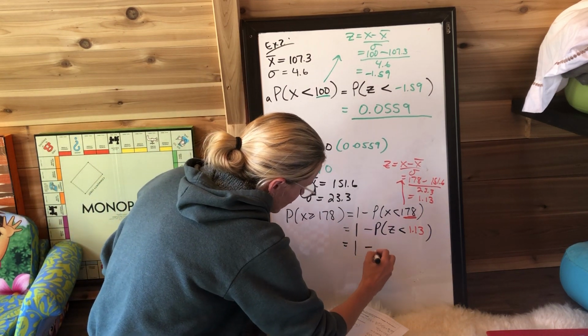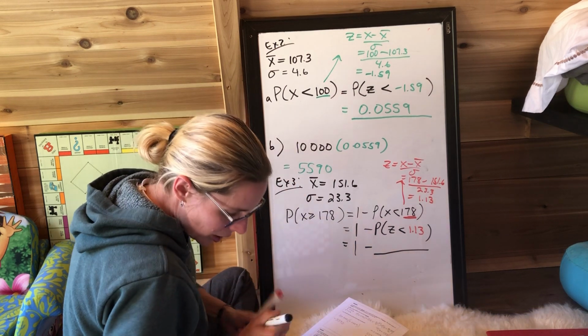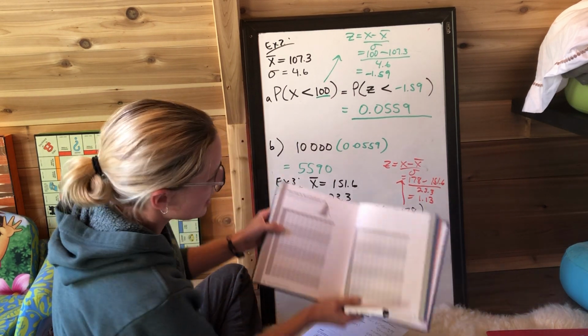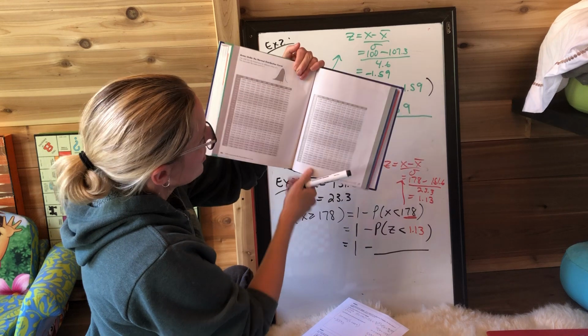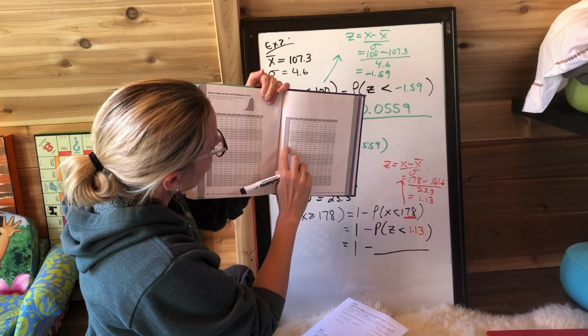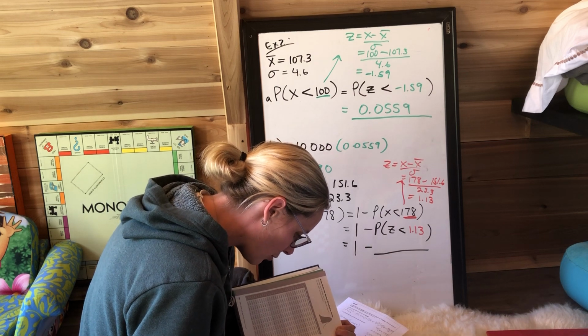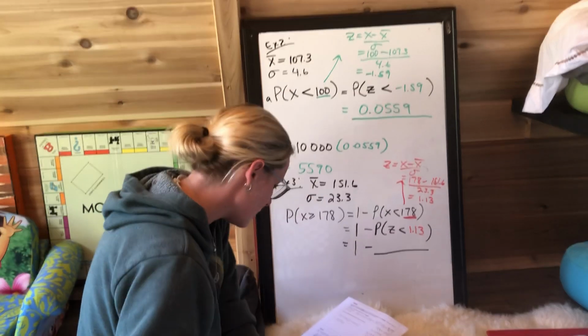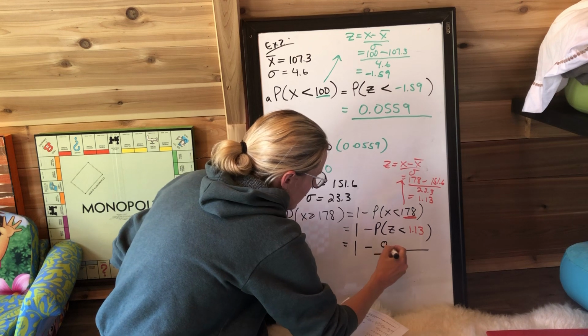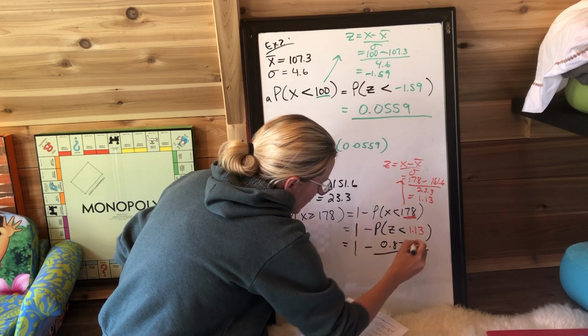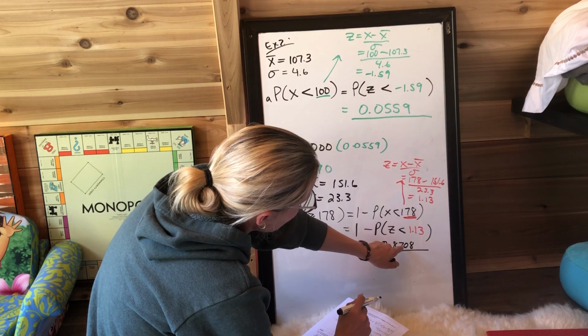Don't forget the poor 1 that's sitting here. Then you look up the value in the book. Again, it's a positive. It's going to be on the right side. So you're looking up 1.1, and then you go over to 0.03. So 1.13 is 0.8708. So this was telling you that 87% is less than that.